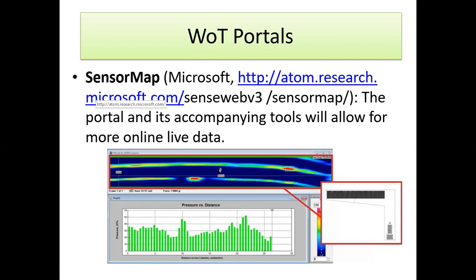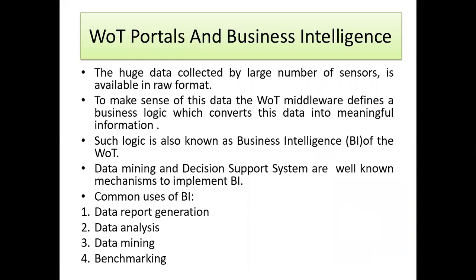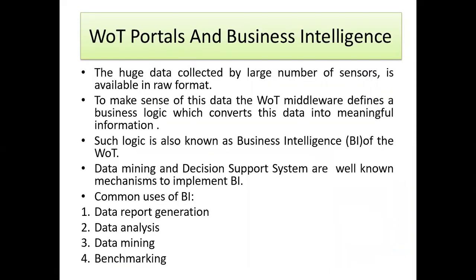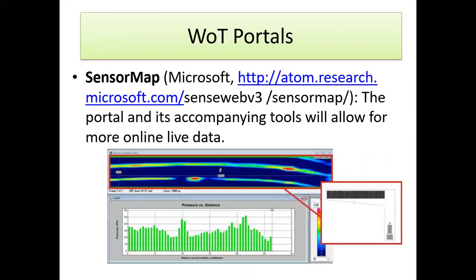Another example is Sunspot, that is Small Programmable Object Technology. It is a WSN developed by Sun Microsystems that provided a way to program IoT needs using the Java programming language. So these are some examples of web portals for the WOT or IoT.